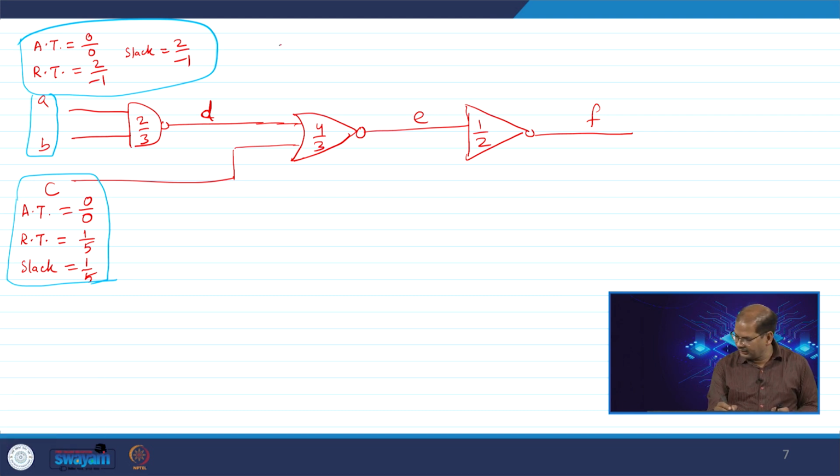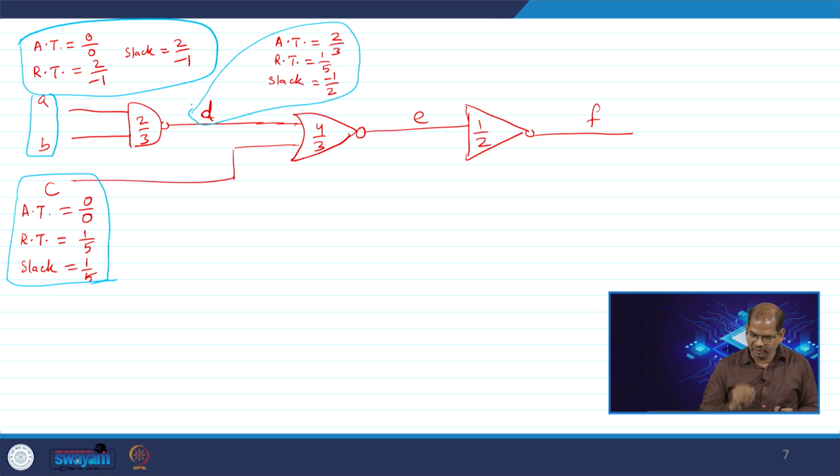For the D, arrival time is basically 2 by 3. Then the required time at this point will be basically 1 by 5 and the slack at this point is basically 2 minus 1 by 2. Okay. So, this corresponds to node D. The node D I put inside the same circle.